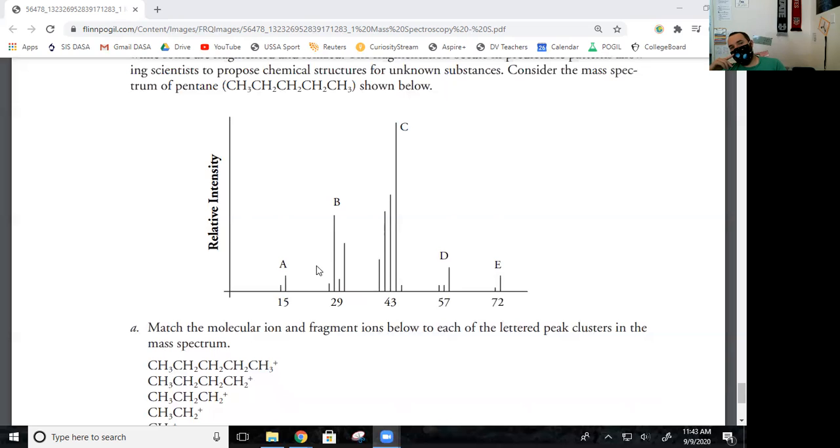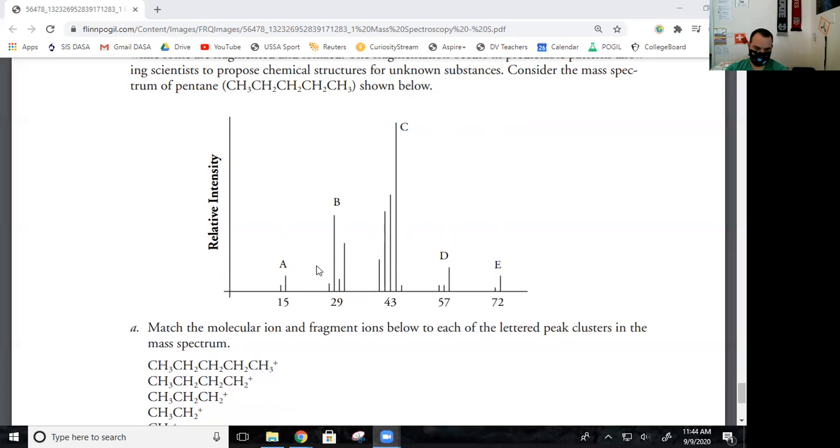And I kind of disregarded intensity because we don't know anything about intensity other than what's given. The way that I reasoned through it was, the more molecules I had, the higher the atomic mass it was going to have. So the larger the chain, the higher up it's going to be on the graph.